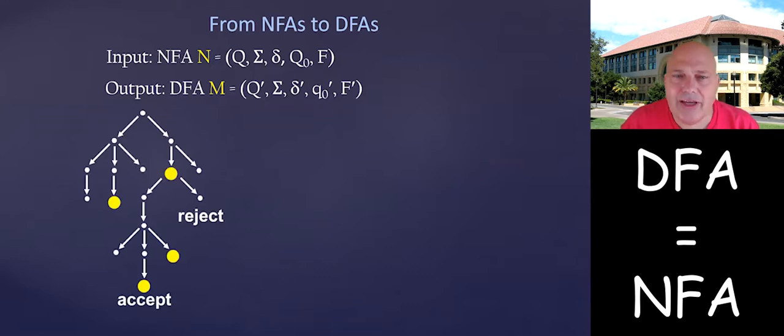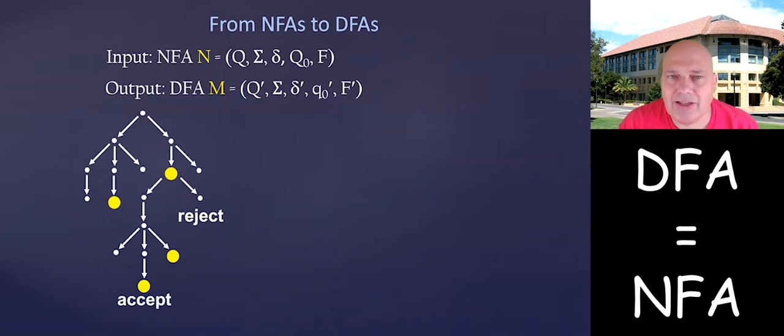So an NFA can do various things in every given step. And now, when you look at it, it's pretty scary because even if at every given state it can do one of two options, then the number of paths it can take is exponential in the length of the input.